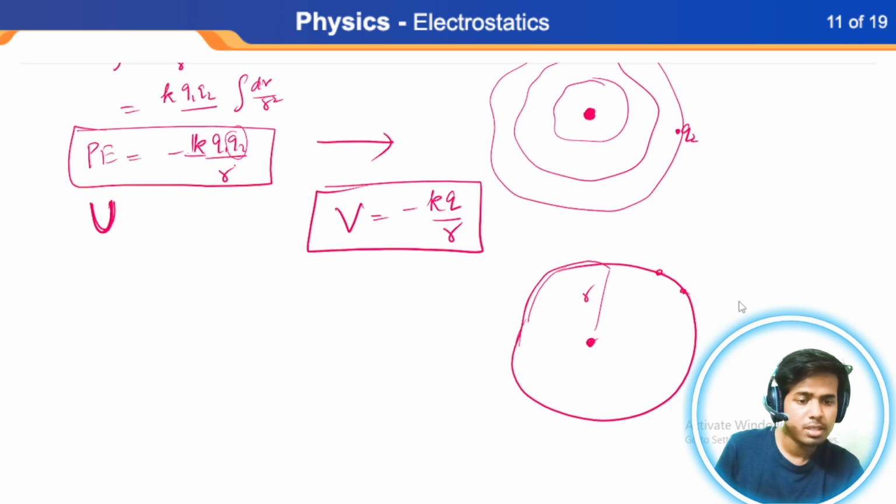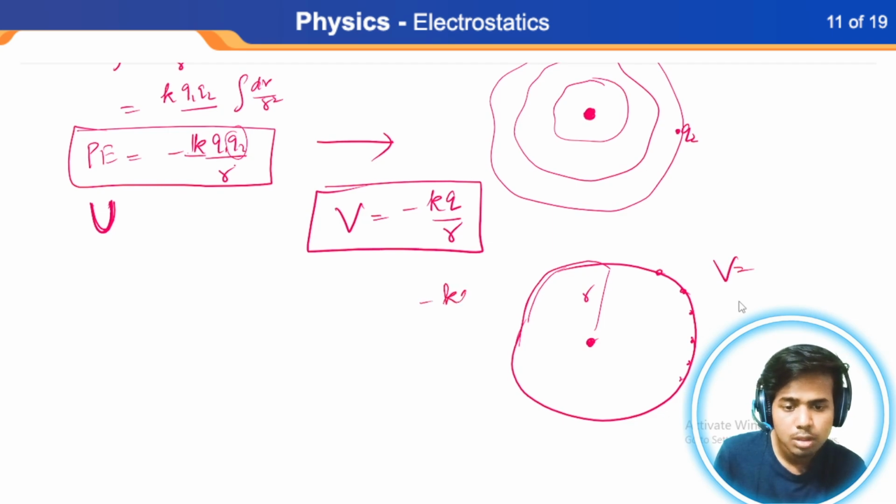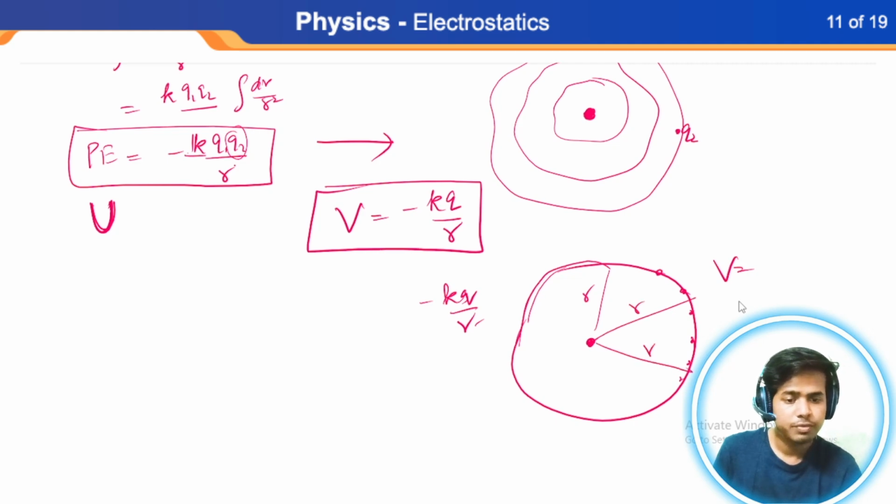All the points on the surface will have exactly the same potential. Why? Because the potential is equal to minus kq upon r, where r is the same. All of them are r distance away from the center, or from the charge. So now everyone's potential should be equal in this case.